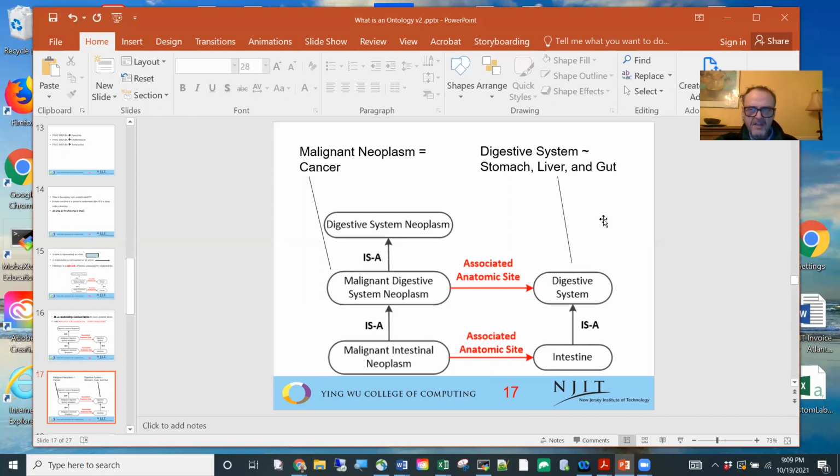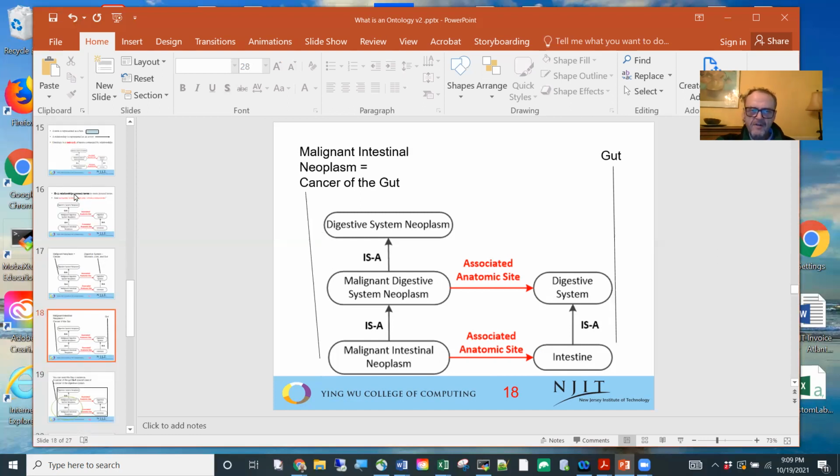And the small intestine has 3 different parts. So all this together is called the digestive system, and the intestine is a digestive system, which sounds a little strange, but it's correct enough to use it. Okay, so a malignant intestinal neoplasm, the bubble down here, is really a cancer of the gut, because the intestine is the gut.